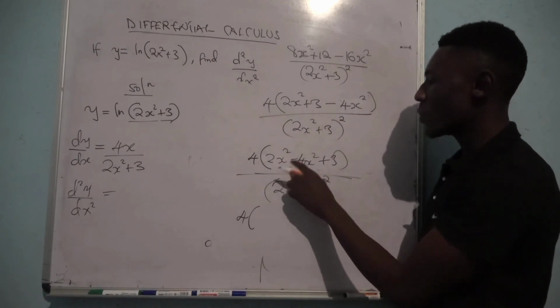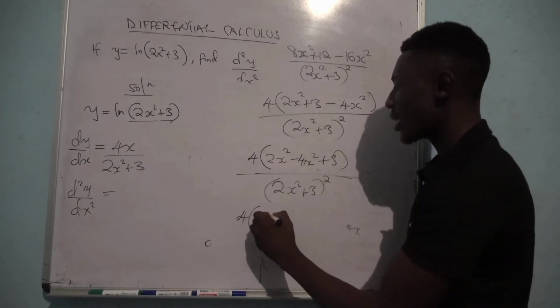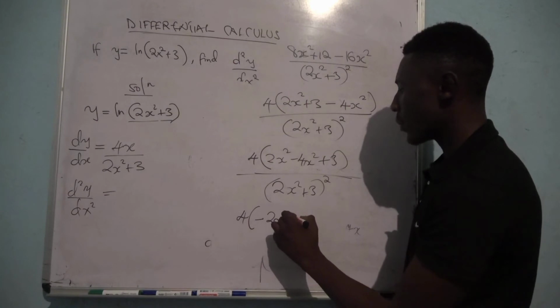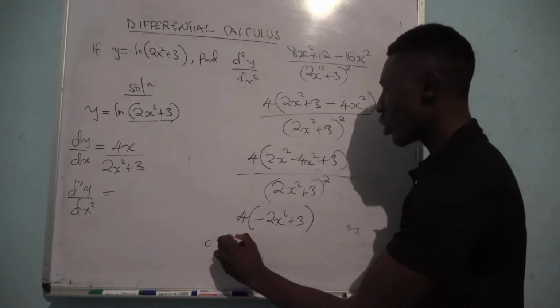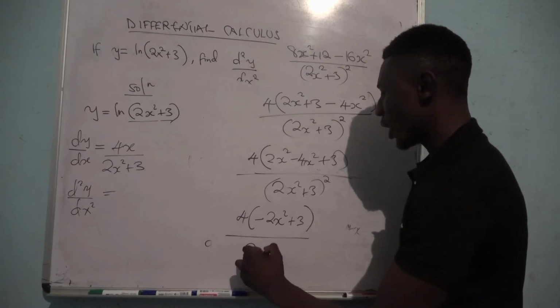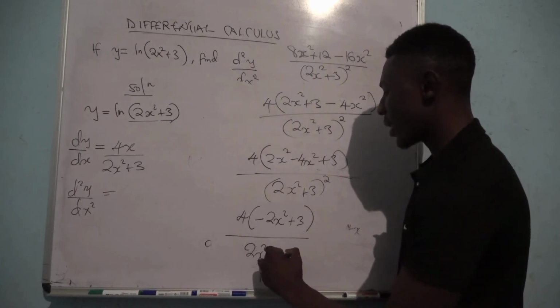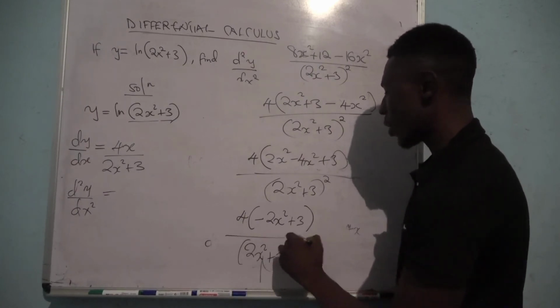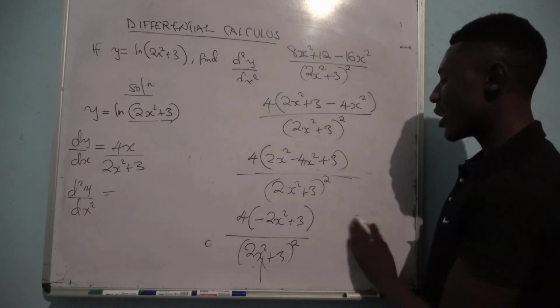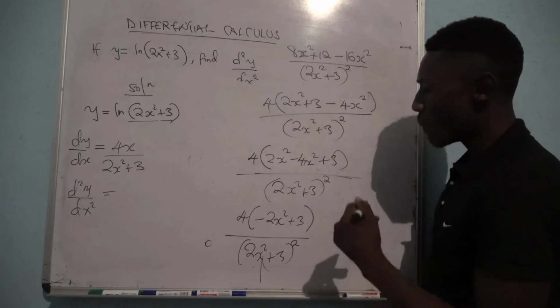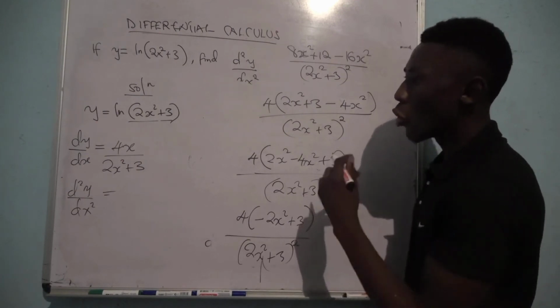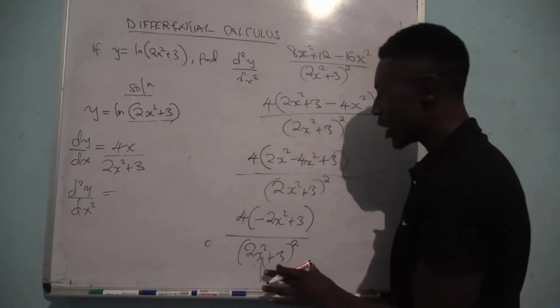Then 2x squared minus 4x squared, I get negative 2x squared plus 3, over 2x squared plus 3, all squared. So after this is done, this is now my gradient function. This is my second derivative.